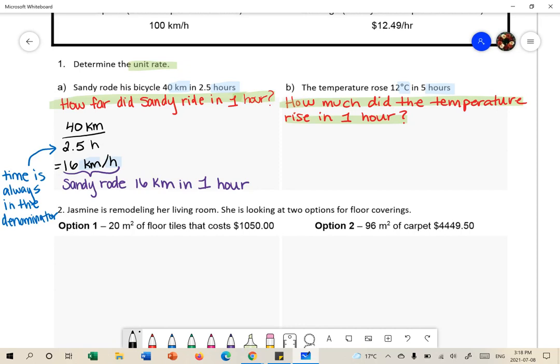So I'm going to take my 12 degrees Celsius, and that's going to be my numerator, and divide it by 5 hours. 12 divided by 5 is 2.4. And then my numerator units per denominator units. So in 1 hour, the temperature rose 2.4 degrees Celsius.